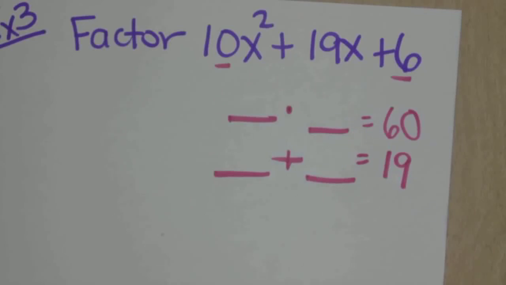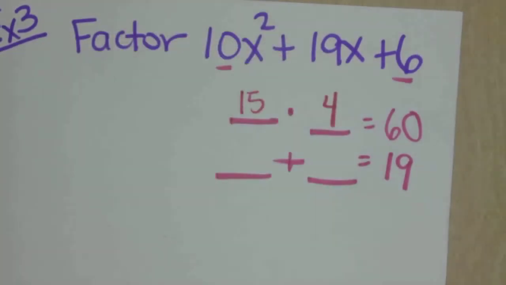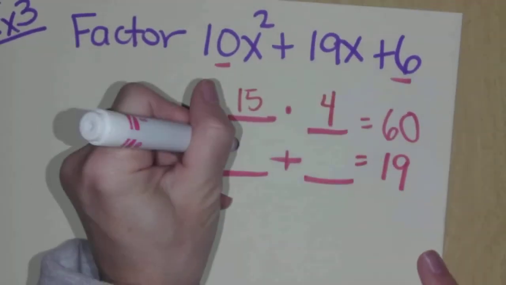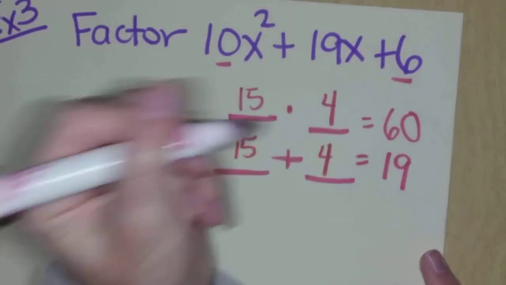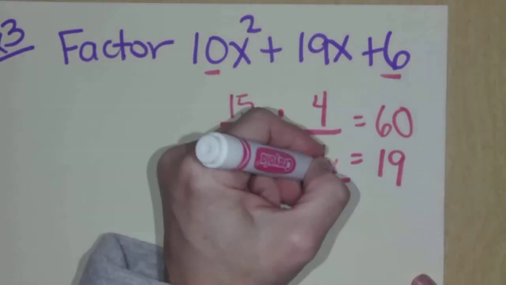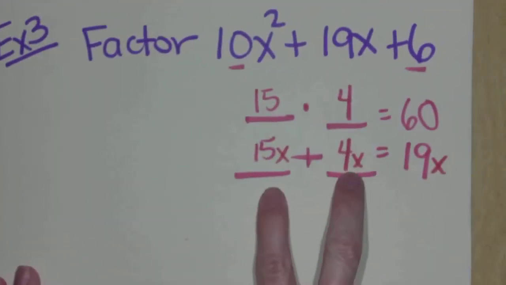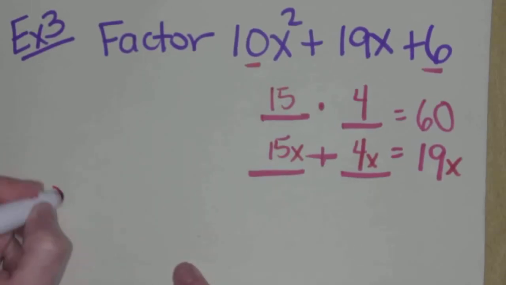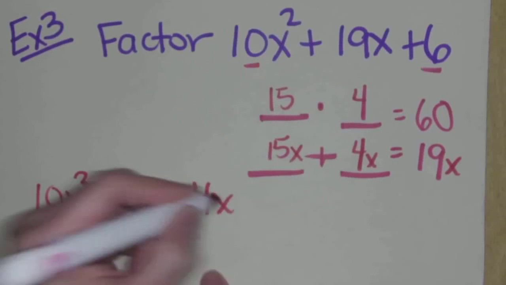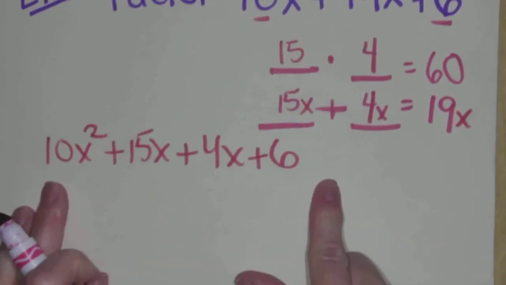What turns out happening is it ends up being 15 times 4. 15 times 4 is equal to 60, and lo and behold, 15 plus 4 is 19. So I add those x's on there so that I can rewrite 19x as the sum of 15x and 4x. So 10x squared plus 15x plus 4x plus 6 is my new problem to group.